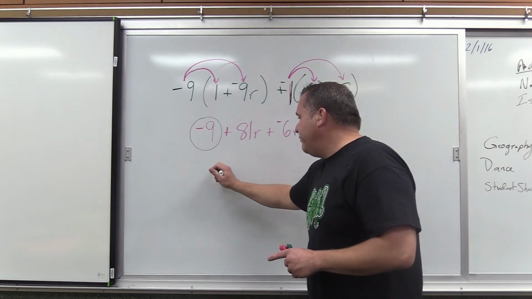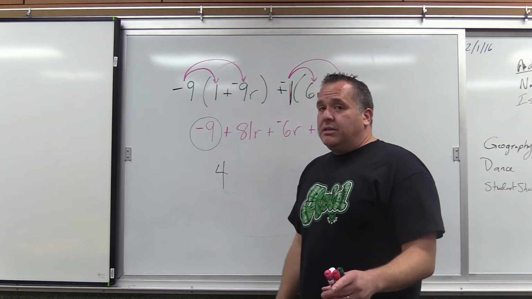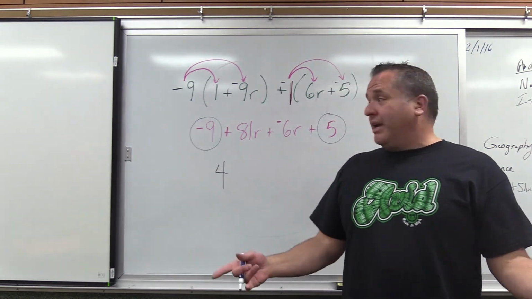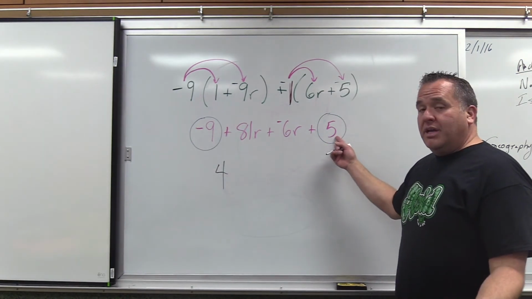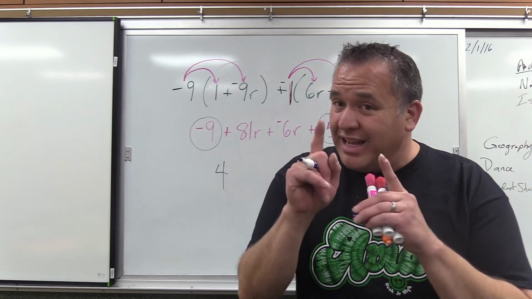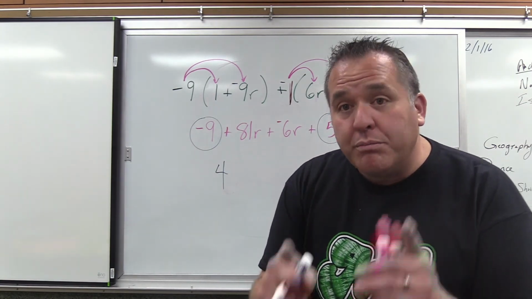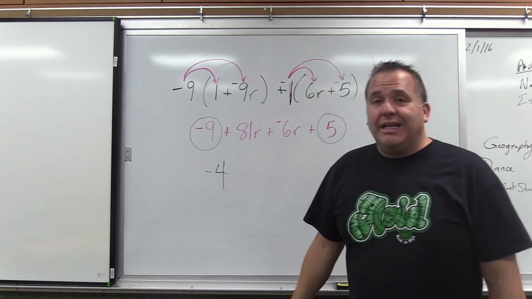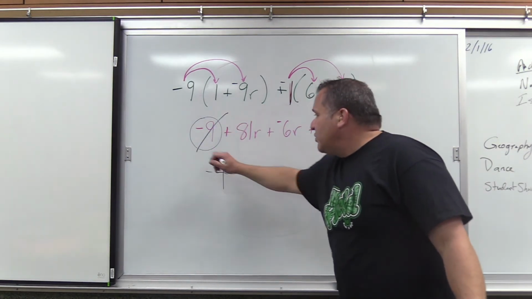Put a 4 here. Now the question is, is it going to be positive or negative? Well, what's bigger, 9 or 5? See, we didn't ask if the signs are different to keep it negative or the same to be positive. That's the rules for multiplication. We look for the bigger number when we're adding. 9 is bigger and it's negative, so I'm going to make that a -4. Now, I finished these, so I'm going to cross them off.